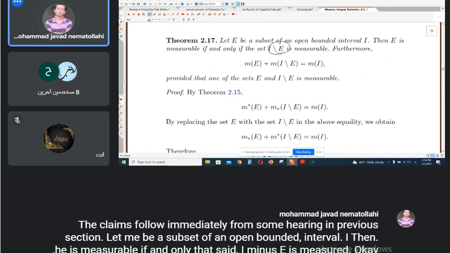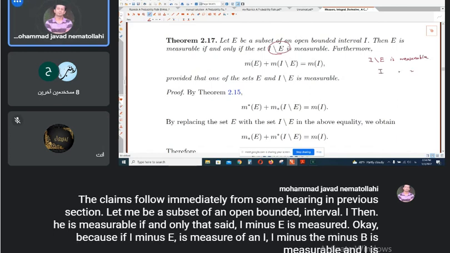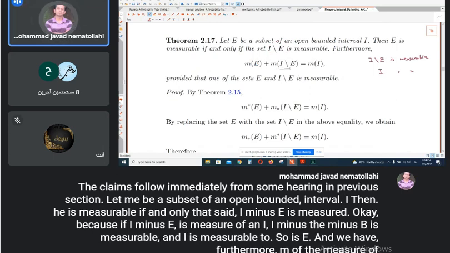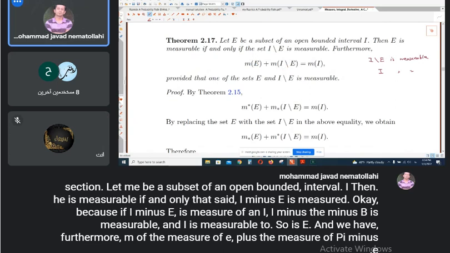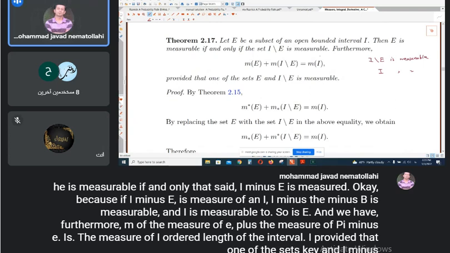Because if I minus E is measurable, and I is measurable too, so is E. And we have furthermore that the measure of E plus the measure of I minus E is the measure of I, or the length of the interval I, provided that one of the sets E and I minus E is measurable.